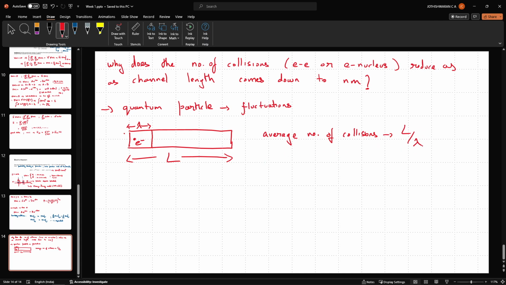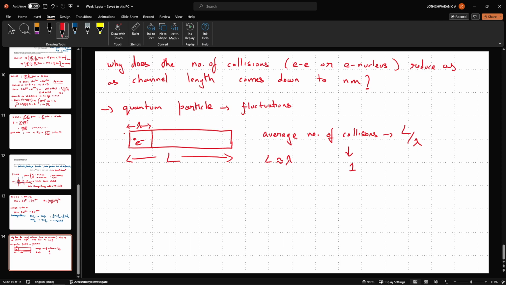However, as L becomes smaller and smaller, the average number of collisions becomes lesser and lesser. Consider the case when L is approximately equal to lambda, then the average number of collisions will slowly become 1. And in the limit where L is less than lambda, the average number of collisions will actually go less than 1.